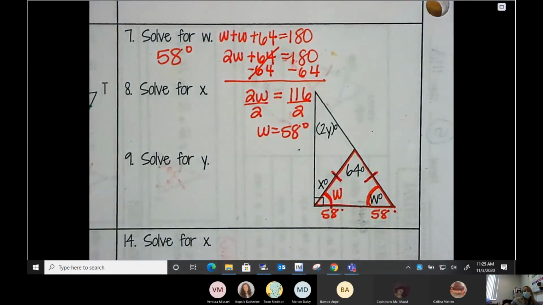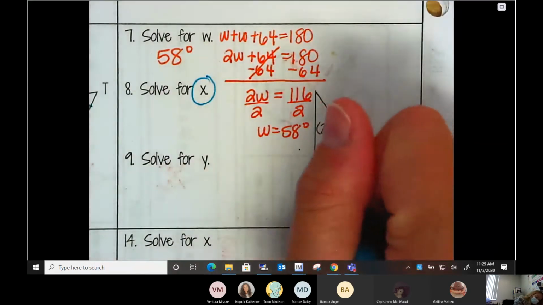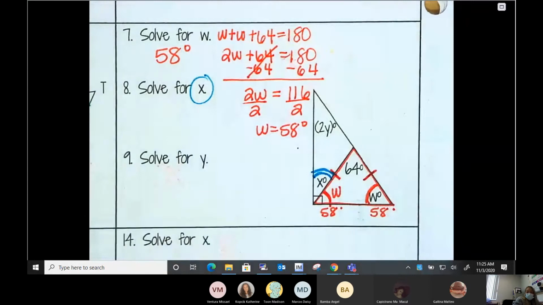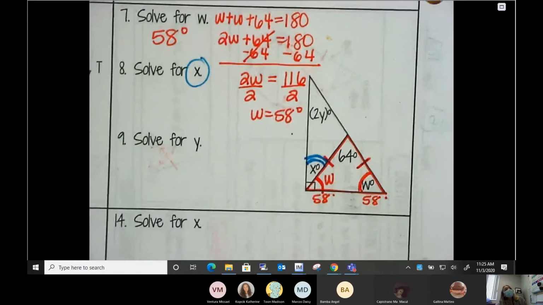Now, the second one it asks me for is angle X. Here is angle X. Any ideas what we can do to find angle X?